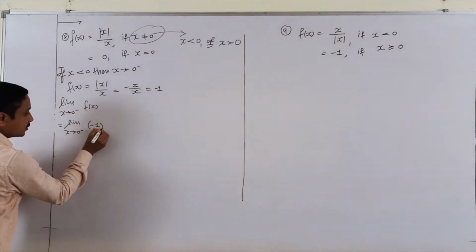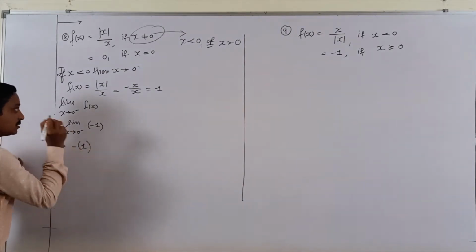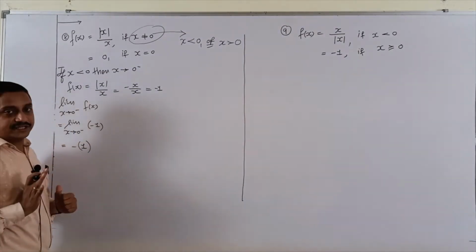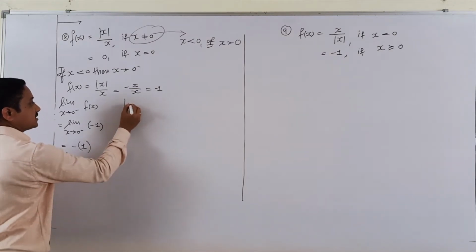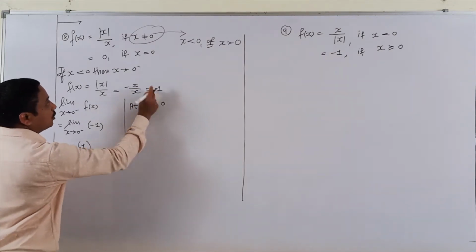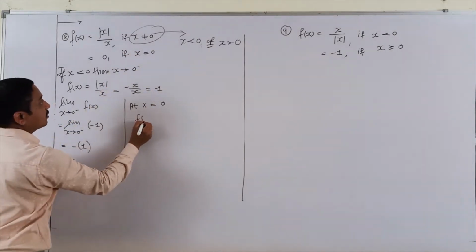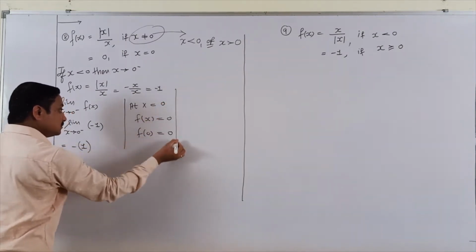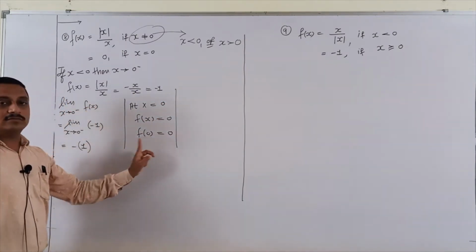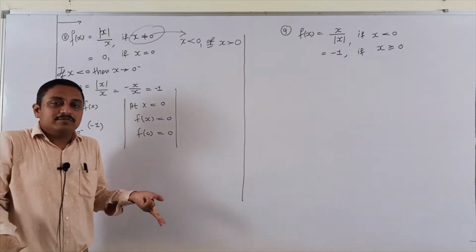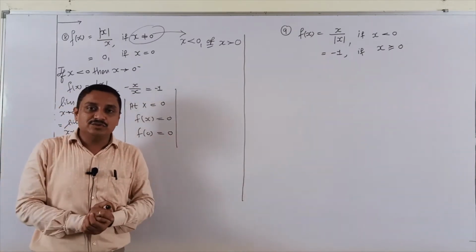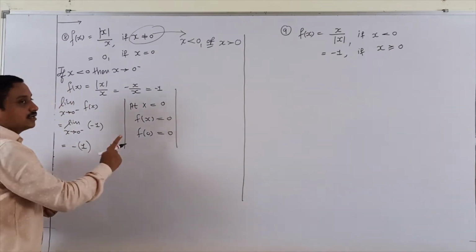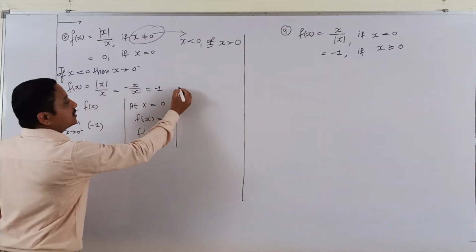How much? It is -1. So my answer is -1 in the first place. Same as at x is equal to 0, look in the question, already given. My answer is done. Check, are both the same? No, not the same. This is discontinuous, but you must also show the third case.